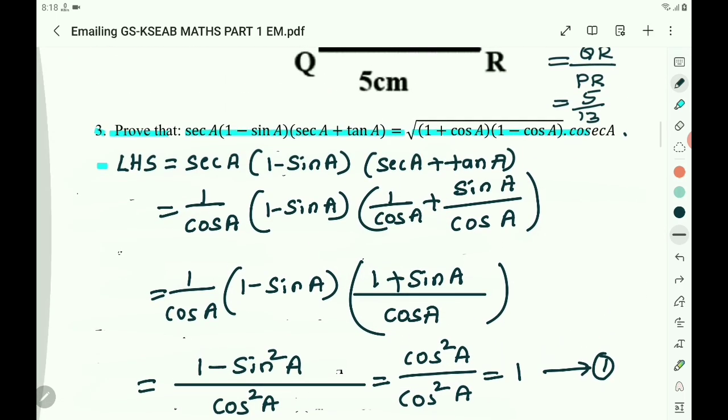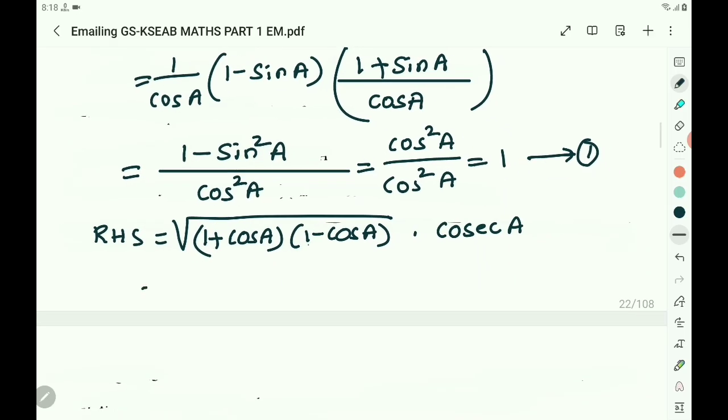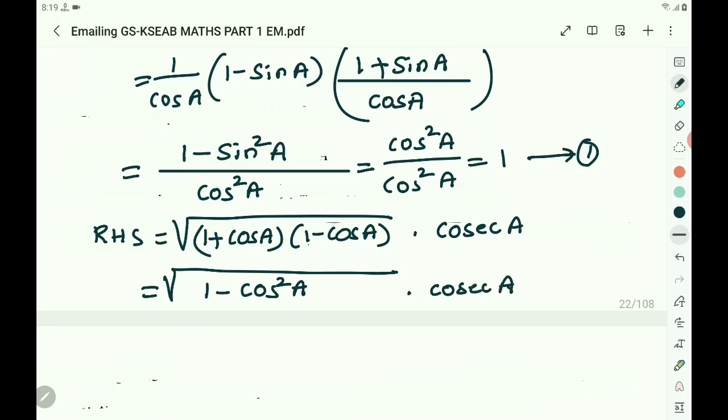So 1 plus cos A into 1 minus cos A into cosec A equals, under the root you write 1 plus cos A into 1 minus cos A is 1 square minus cos square A, which is equals to 1 minus cos square A, and outside the root write cosec A as it is.